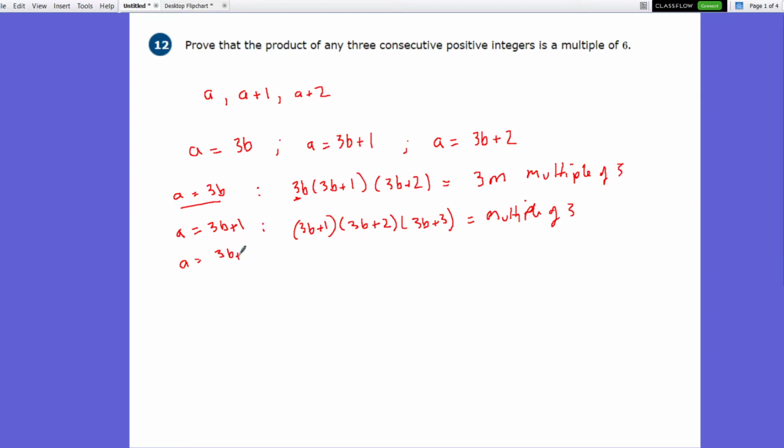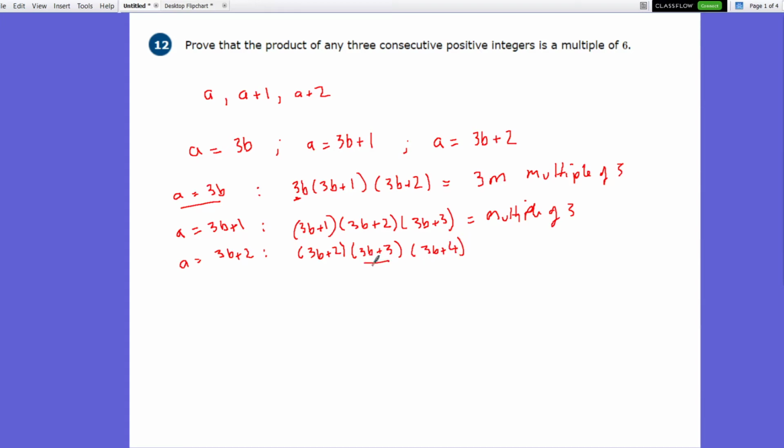And the last scenario is where a equals 3b plus 2. The first term of the consecutives will be 3b plus 2, the second term will be 3b plus 2 plus 1, which gives 3b plus 3, so there's your multiple of 3, and the third term will be 3b plus 2 plus 2, so 3b plus 4.